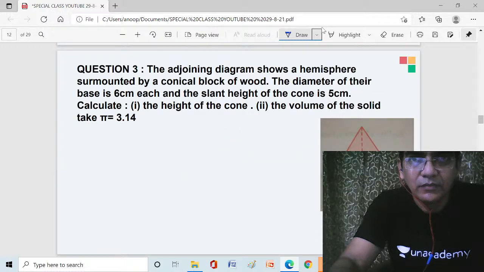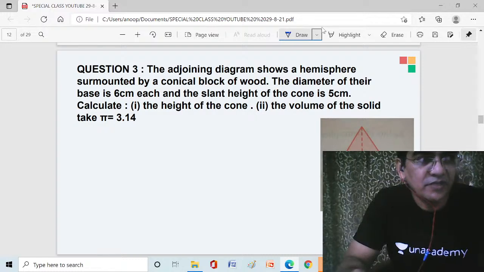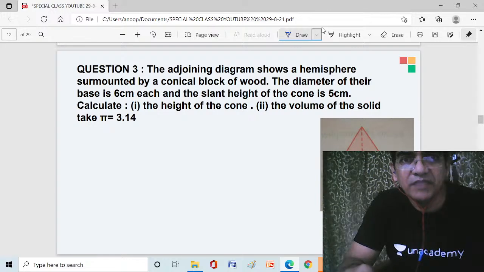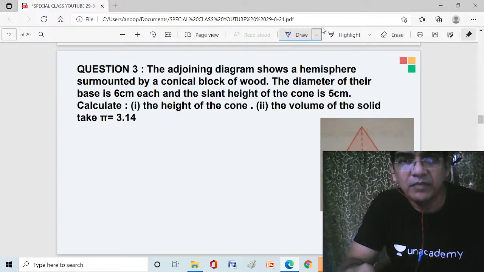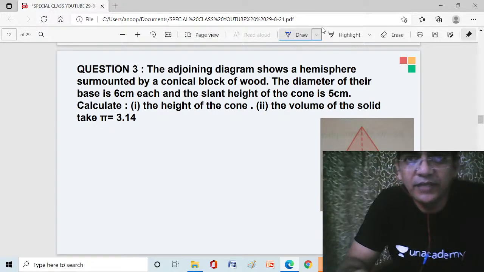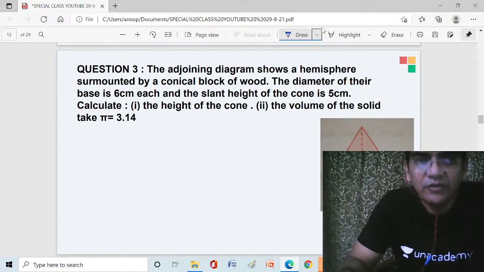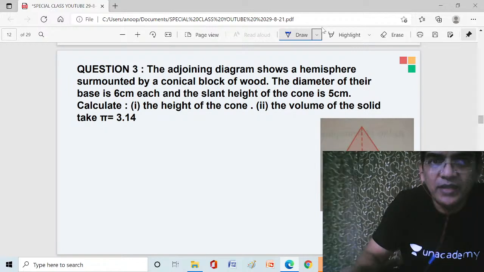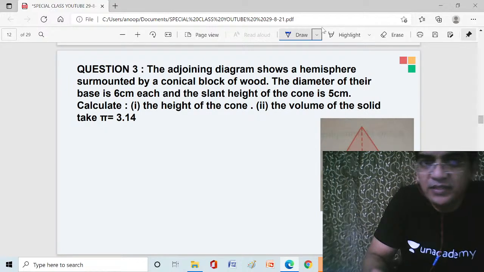Okay, the next question says the adjoining diagram shows a hemisphere, right? The adjoining diagram is showing a hemisphere, and that hemisphere is surmounted by a conical block of wood. The diameter of their base is 6 centimeter each.